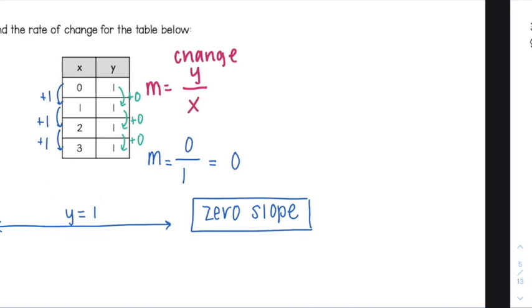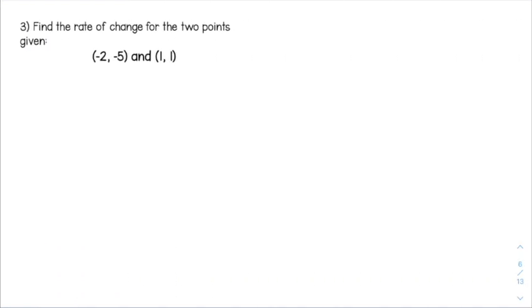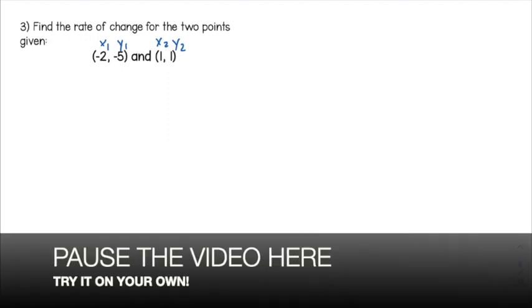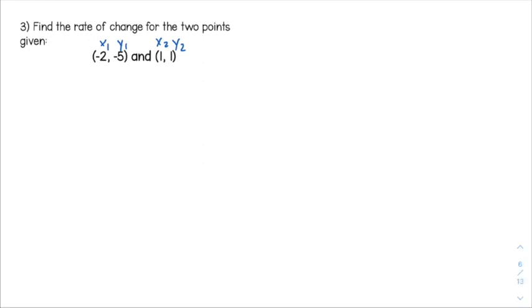Okay, let's look at number 3. Number 3, you're given 2 points. So I'm going to label my points x1, y1, and x2, y2. Try this one on your own, pause the video, and come back and check. So here I want to use my m equals y2 minus y1 over x2 minus x1.